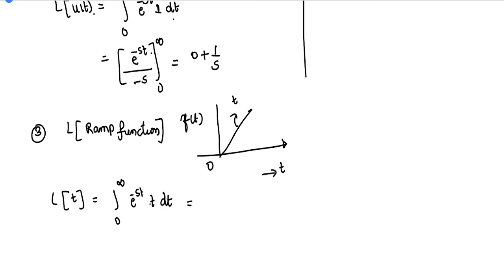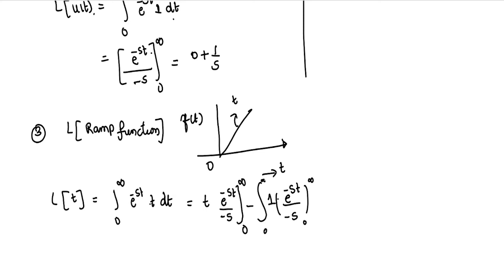If you apply the UV method, t into the integral of e power minus st, which is e power minus st by minus s, with limits 0 to infinity, minus the integration of t's differentiation, which is 1, again e power minus st by minus s, with limits 0 to infinity.